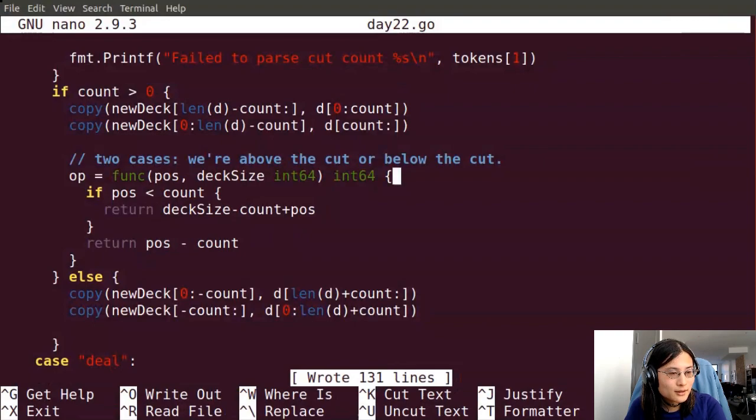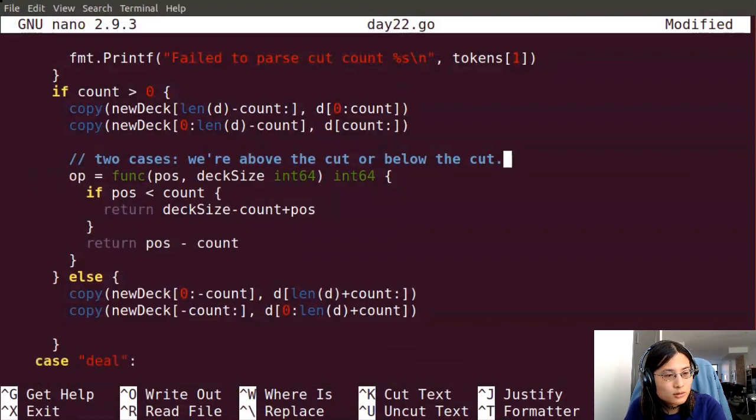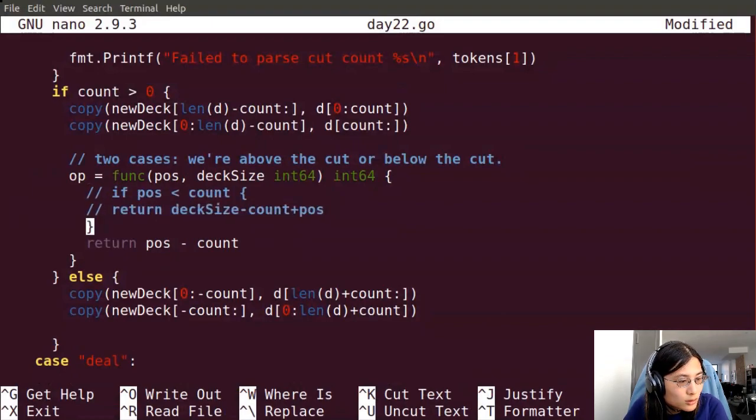Oh, but this is... oh wait, no. This is reversed. Okay, well that's a little annoying. How do I reverse this? Just think about this.